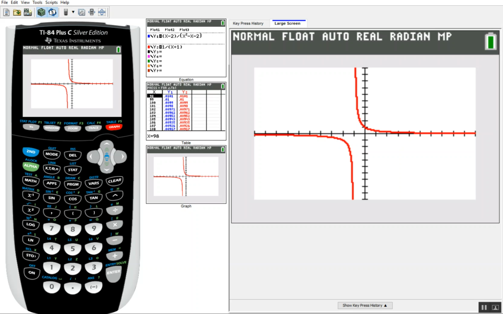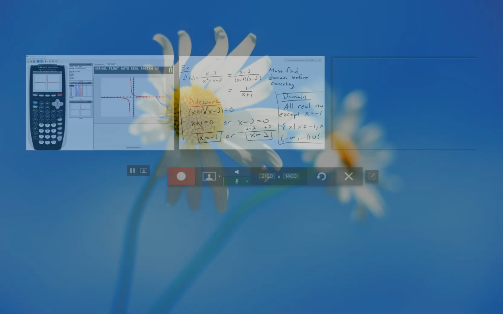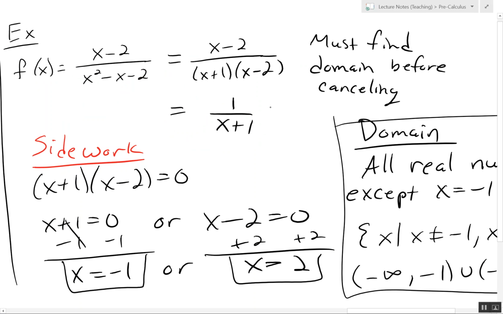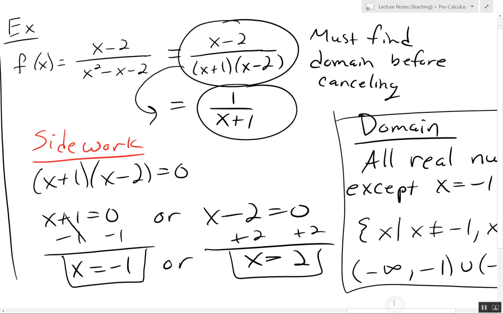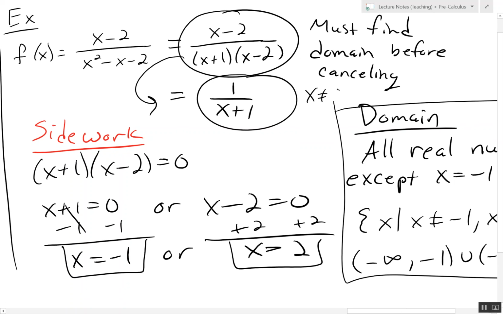This is only true when x is not equal to 2. Because when we go back to our function here, this function is undefined for x equals 2, while the simplified one is defined there. So this division only can occur when x is not equal to 2.